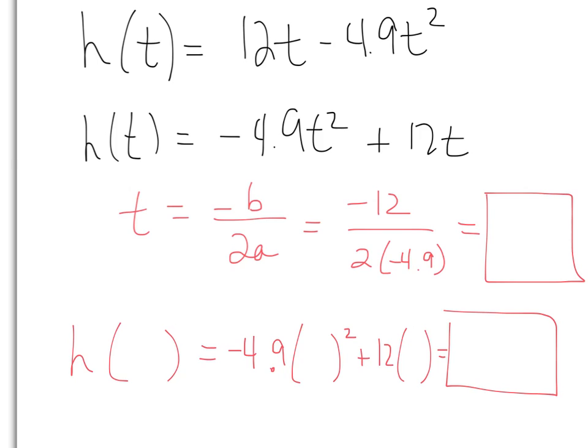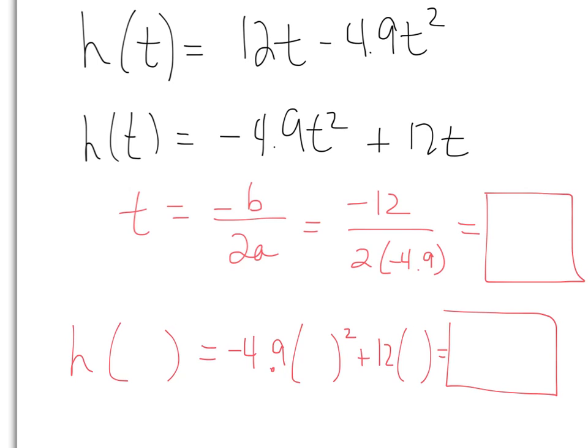Ben, what do you got for me? What's the time again? For the first equation, negative 12 over 2 times 4.9. What do you get as an answer? Doing negative b over 2a?